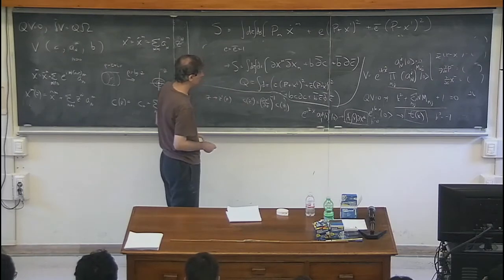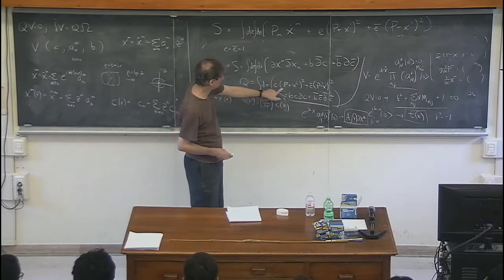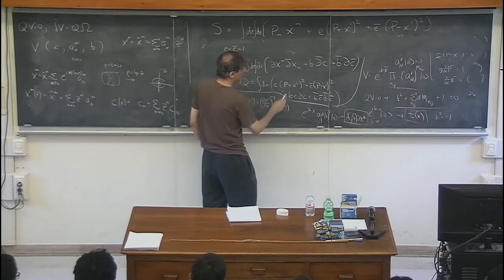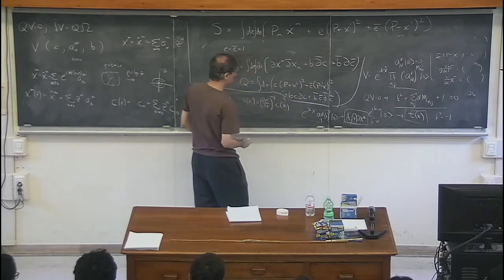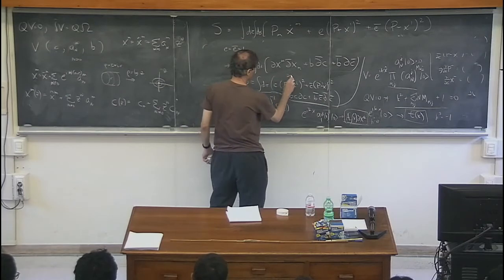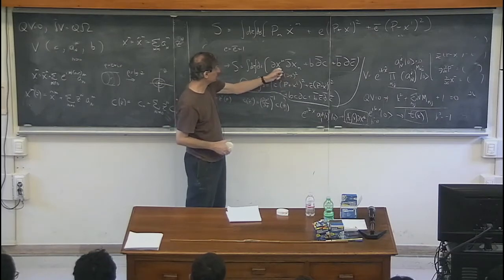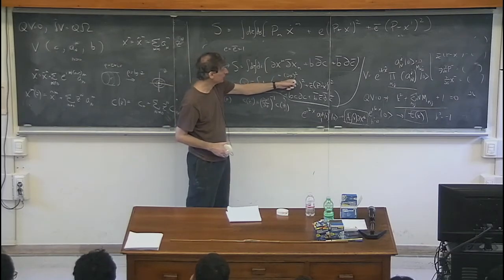An easy way to see that is from the BRST operator. When you use the equation of motion, this object here is just dx squared. So dx, if x has conformal weight 0, dx has conformal weight 1, so this has conformal weight 2.